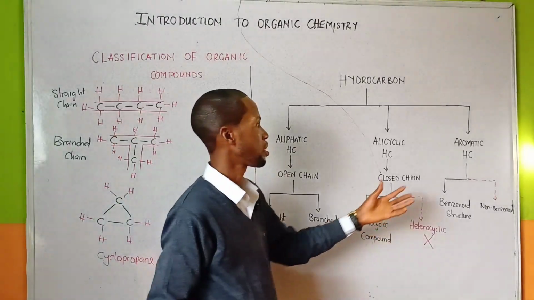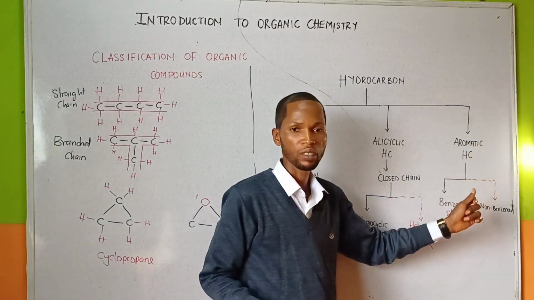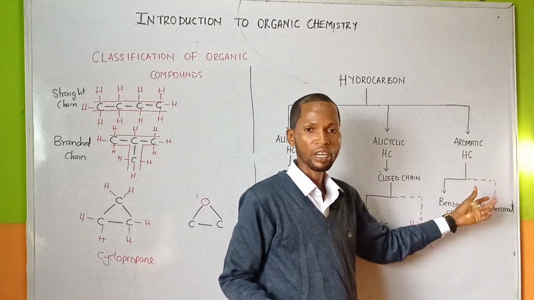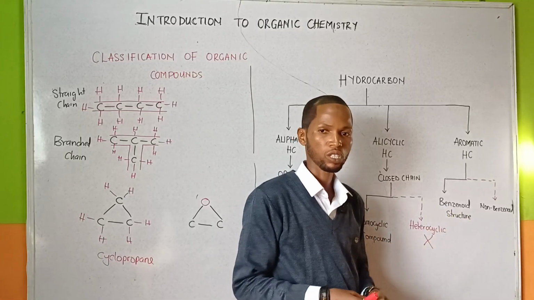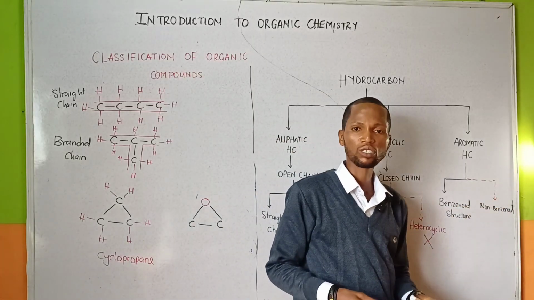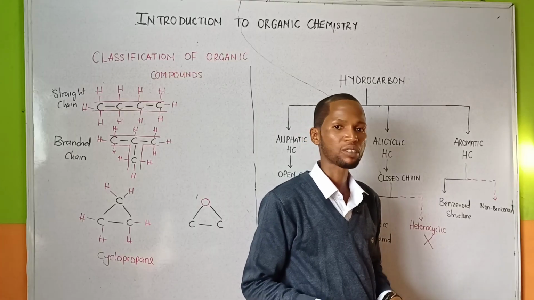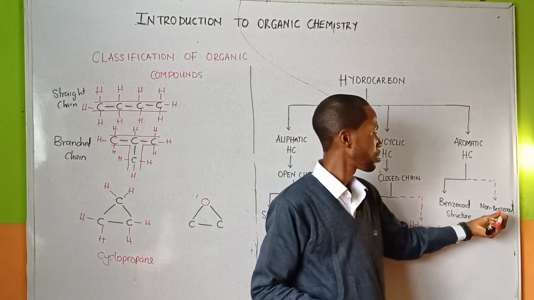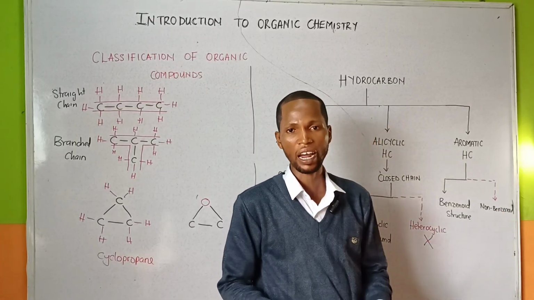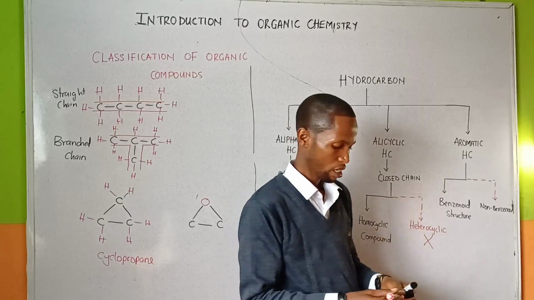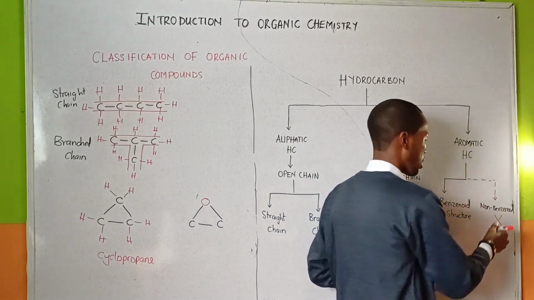Also, we have the aromatic hydrocarbon. Under the aromatic hydrocarbon, we have the benzenoid structure. The non-benzenoid structure contains atoms other than carbon and hydrogen, so we cannot refer to this as hydrocarbon. Okay? So this is not hydrocarbon.